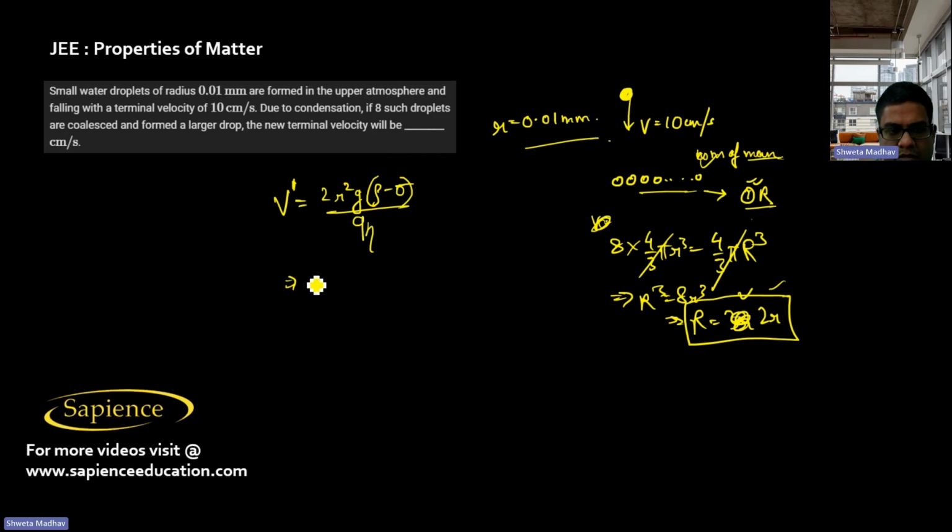Here we can see that the terminal velocity is directly proportional to r square.